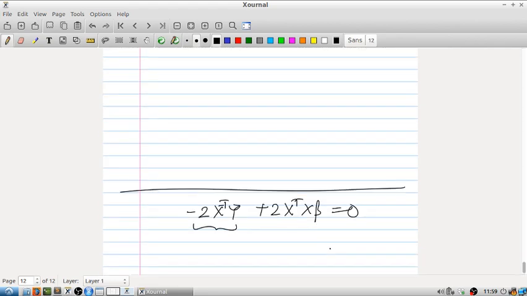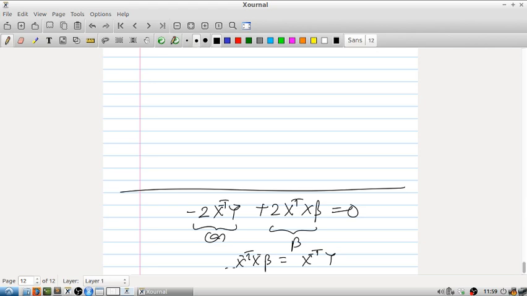That's the A, if you remember, and this is the derivative of the second term. If you do the matrix manipulation, only this term involves beta, so you can just keep the second term as it is. Actually, delete the 2 because both sides have 2. X transpose x beta is equal to x transpose y.